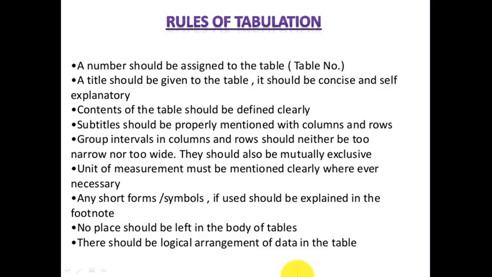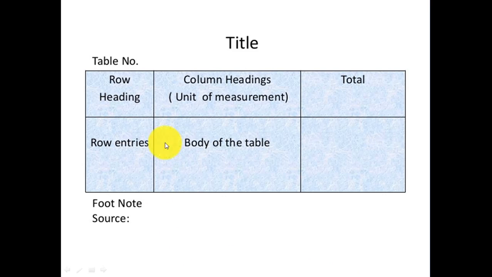So, how are we going to plot any kind of table? Sometimes it is asked what are the different names given to the different parts of the table. So, title is one part. Table number is there.